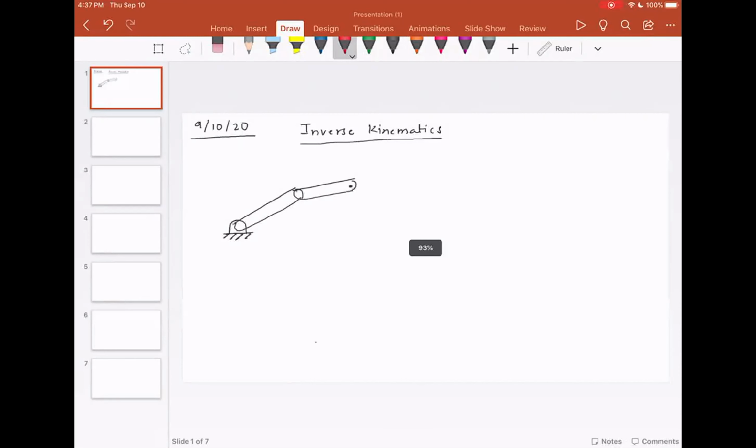So you have this end effector, and what I want to do is I want this end effector to go from point A to point B. The only way this end effector can follow this prescribed movement is by changing the joint angles.